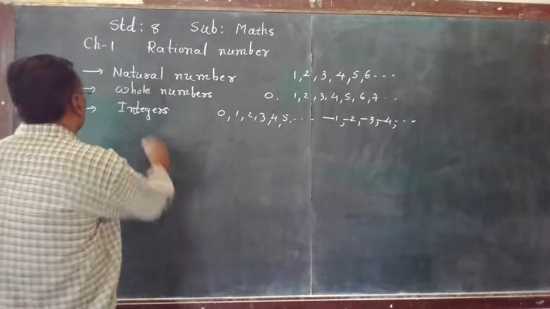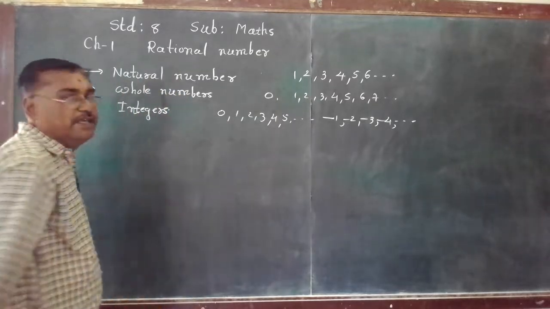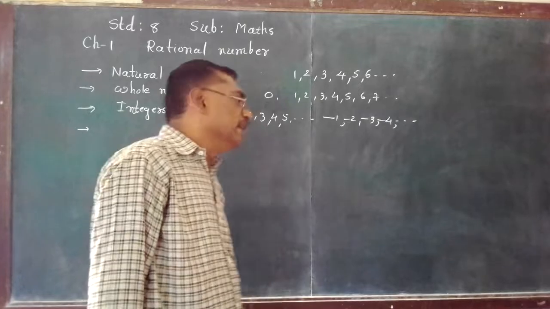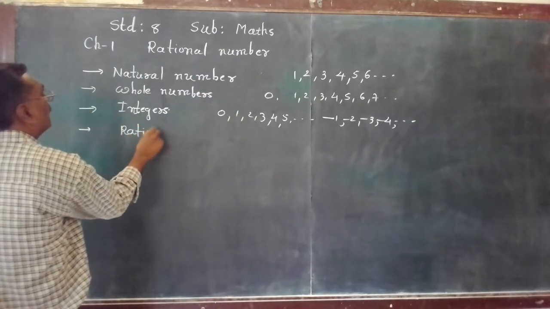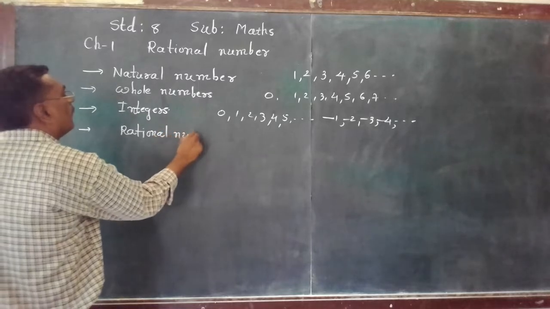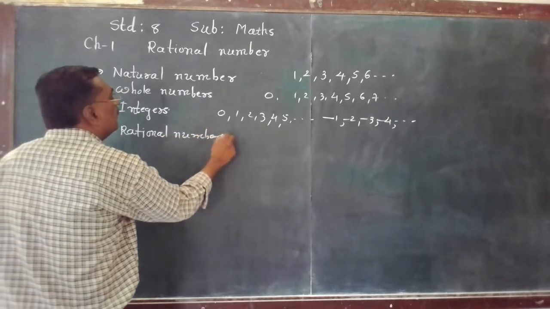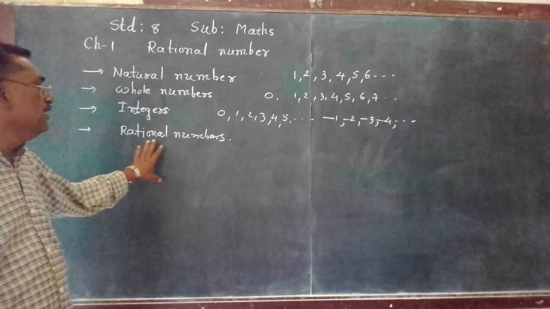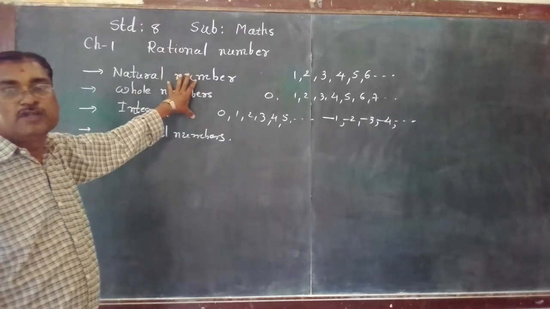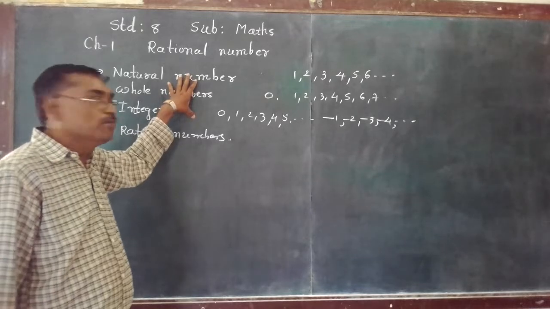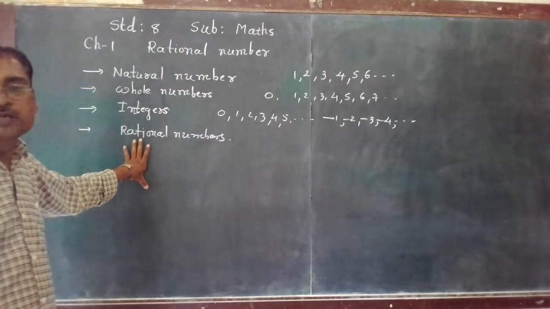Now, after this, we have new numbers, that is rational numbers. We are not familiar with rational numbers. We know all these numbers from standard 7 also, but in this standard, rational numbers.